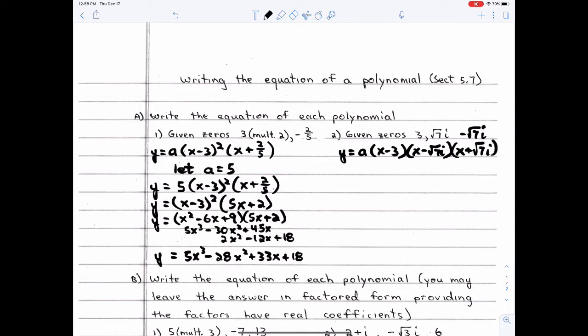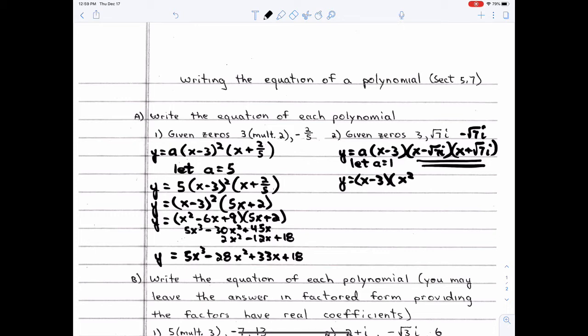Here I'm going to let a equal 1. There are no fractions. Basically, that's the only time you really have to worry about letting a be something other than 1, when you have a fraction to get rid of. I'm going to multiply these two together first because it'll probably be easier. I'm going to leave the x minus 3 as it is, and this would be x squared.